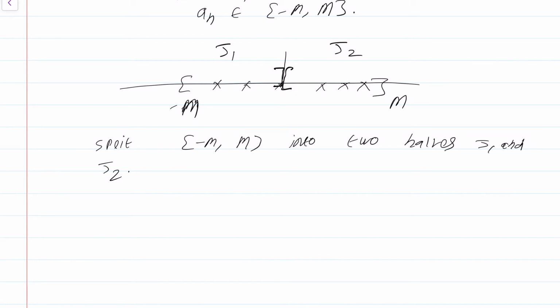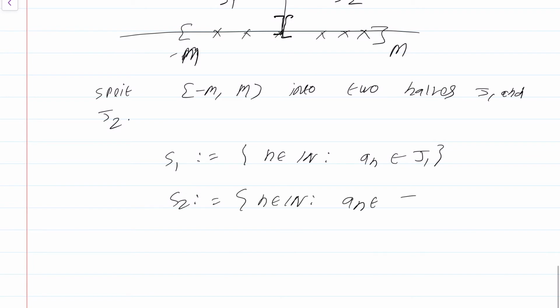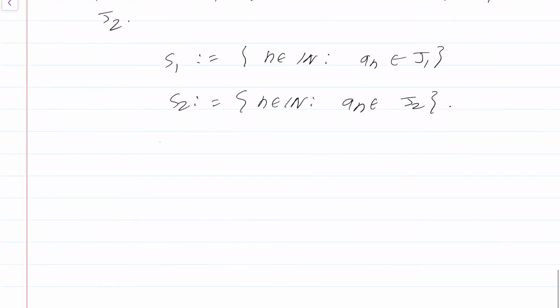And consider these two sets. S1 is defined to be those natural numbers such that an is in J1 and S2 is those natural numbers such that an is in J2. The key observation is that S1 union S2 is the whole of the natural numbers.